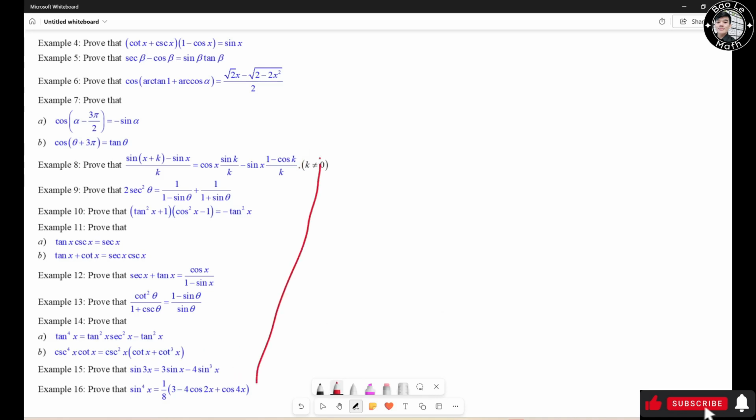Now let's move on to the last example. So we're going to start from sine to the 4 of s. So this one can be written as sine square of s all together squared. Now you know that sine square of s could be 1 minus cosine of 2s over 2, all together squared.